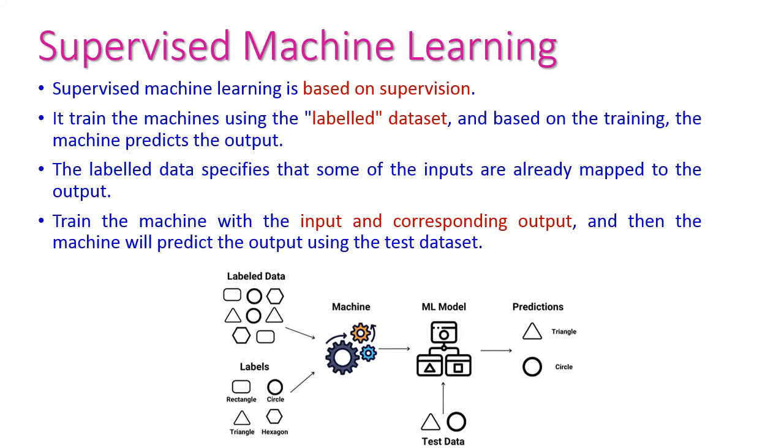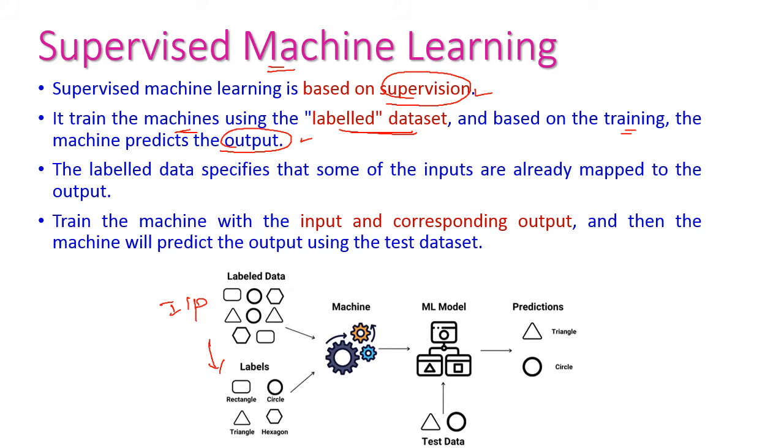The first one is supervised machine learning. Supervised machine learning means the machine will learn based on supervision. Supervision means we need to train the machine by using a labeled data set, and based on the training the machine will predict the output. So here the input data is given along with its labels.